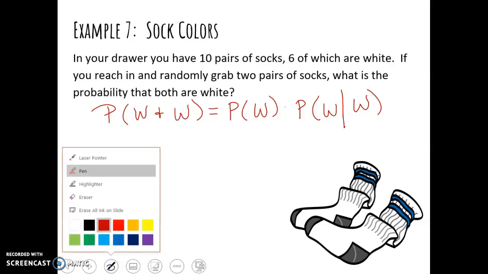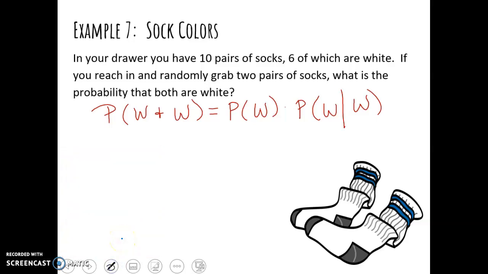So let's see. We had 10 pairs of socks, 6 are white, so the probability that the first one's white is 6 out of 10. The probability that the second one is white is not 6 out of 10 because we pulled out a white sock, which leaves 5 white socks out of 9.